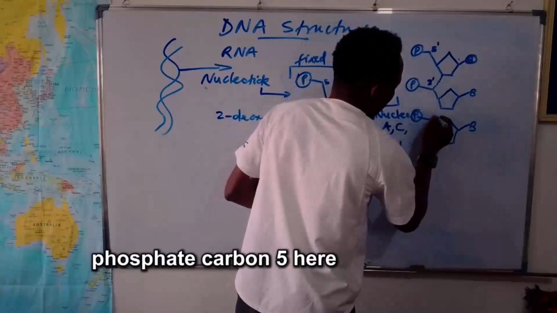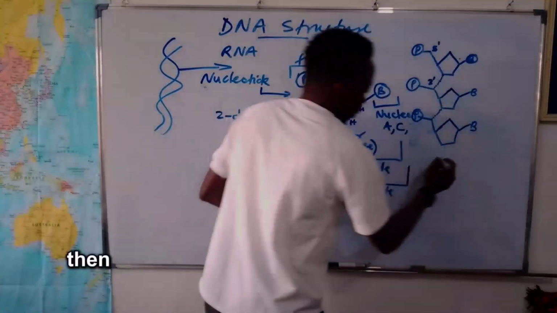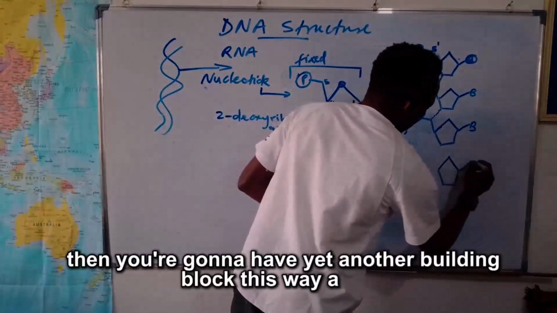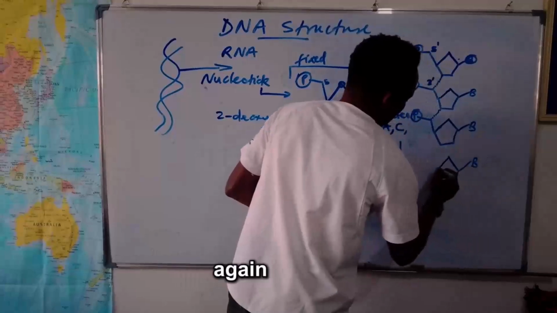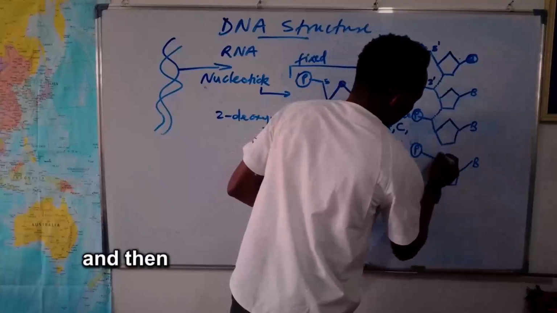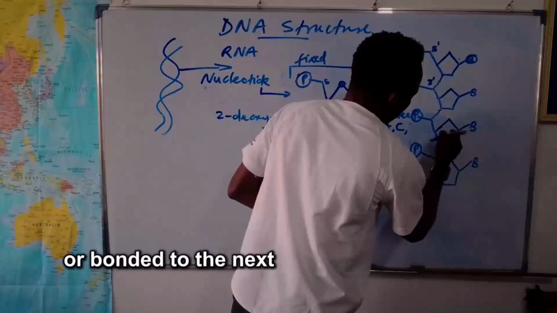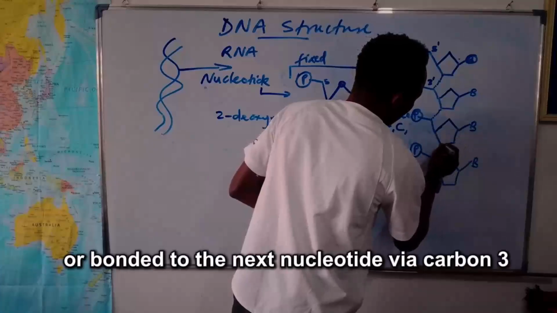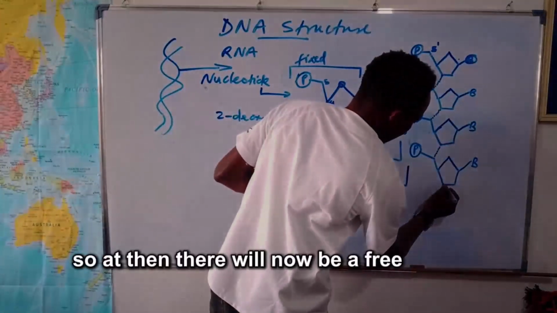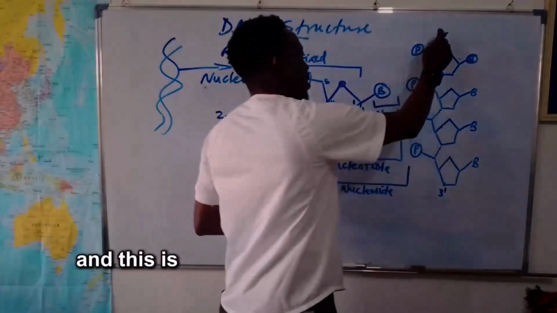Phosphate carbon 5 here gets linked to carbon 3 via this bond. Then you're going to have yet another building block, a base, again carbon 5, phosphate group, and then carbon 5 of this nucleotide gets bonded to the next nucleotide via carbon 3 at this end. So there will now be a free carbon 3 end here. So this is like 3' end, and this is like 5' end.